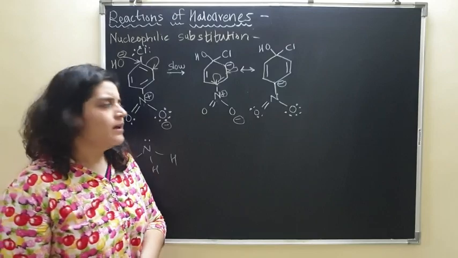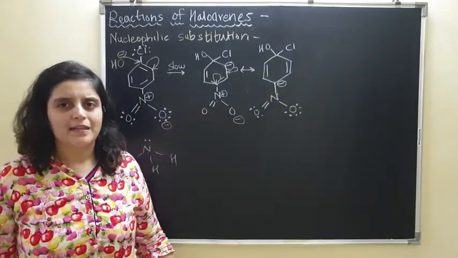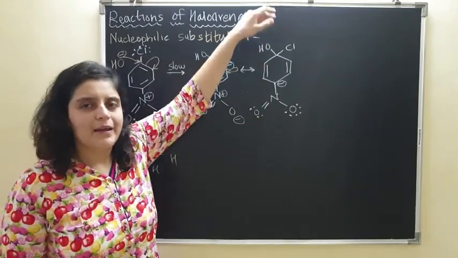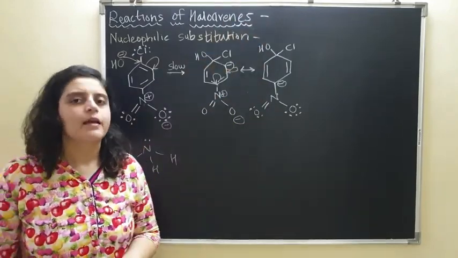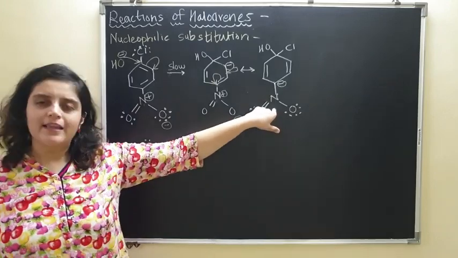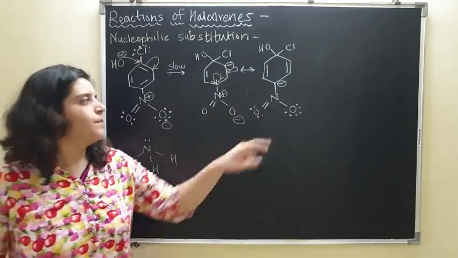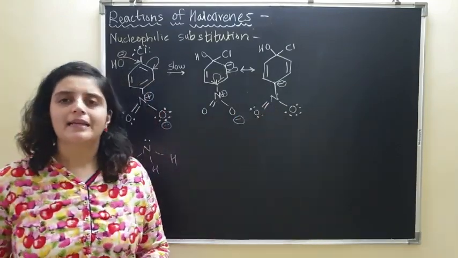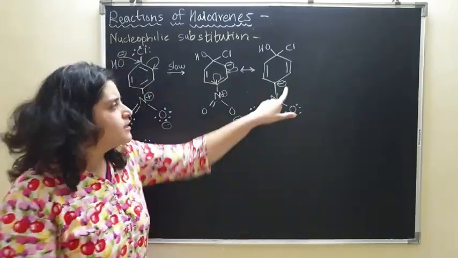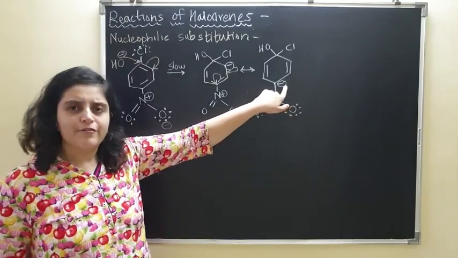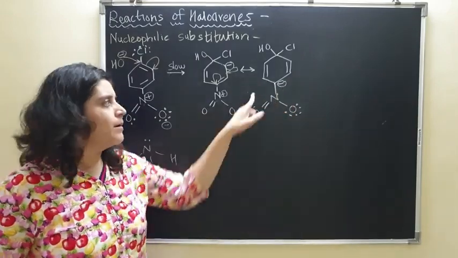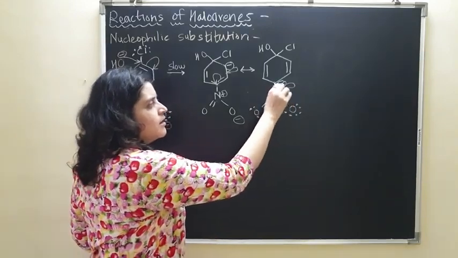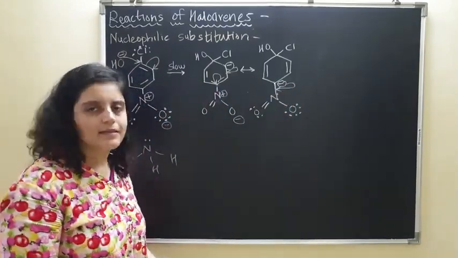Now if there was no NO2 group present over here, the conjugation would have moved in the remaining bonds of the benzene ring. But since we have this NO2 electron withdrawing group present at the para position, these electrons will be withdrawn by the nitro group like this. So instead of shifting to form another double bond between carbon atoms, these electrons will shift over here like this.